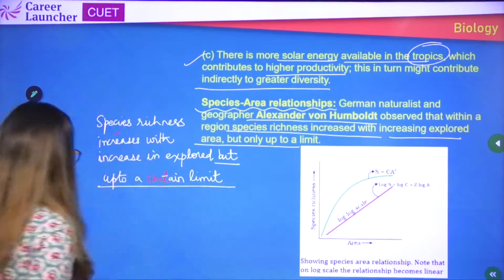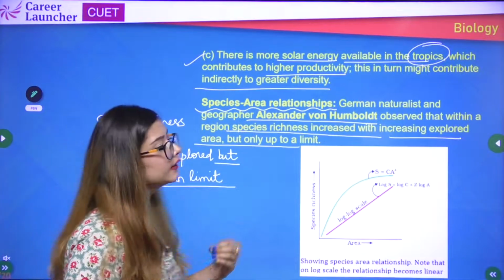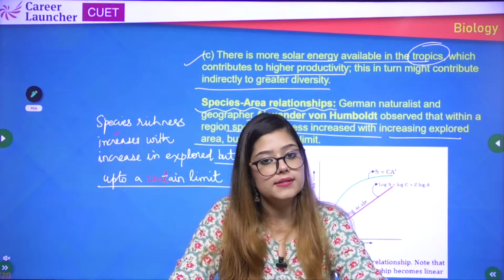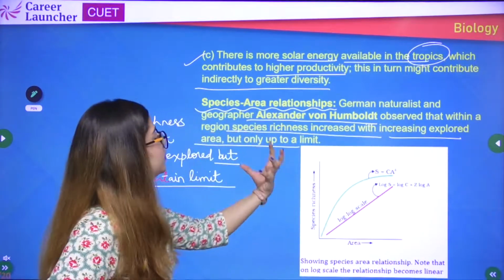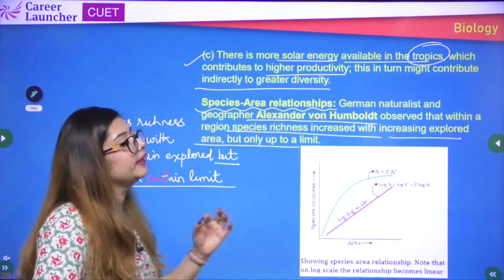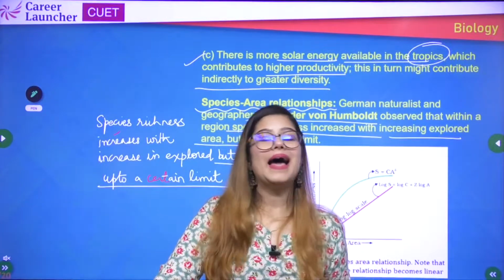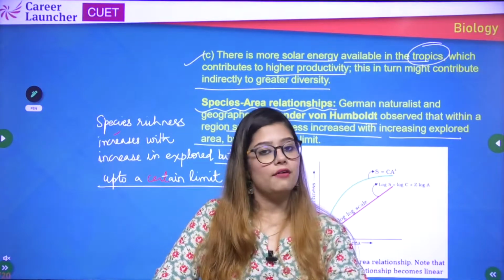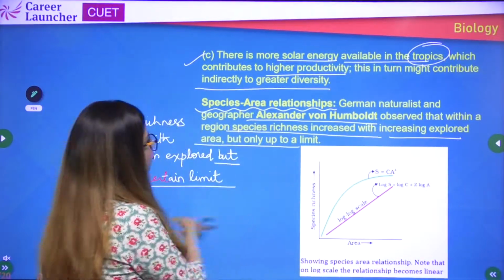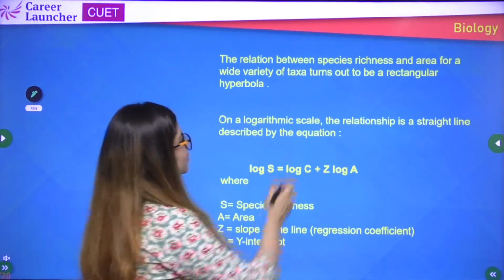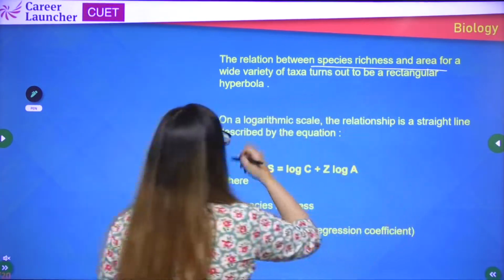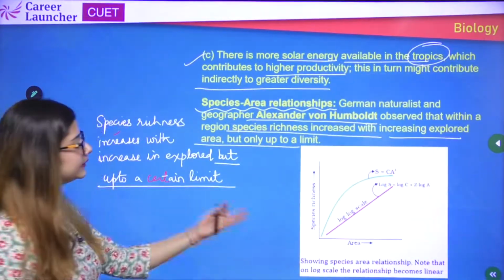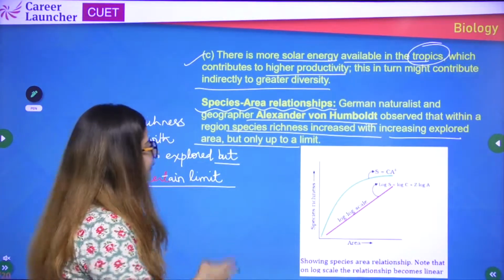Up to a certain limit, if we increase the area, if we increase the explored area, then species richness will increase, but only up to a certain limit. After that, an increase in explored area is not going to have any effect on species richness. The relation between species richness and area turns out to be a rectangular hyperbola, as we can see in the graph that is given.